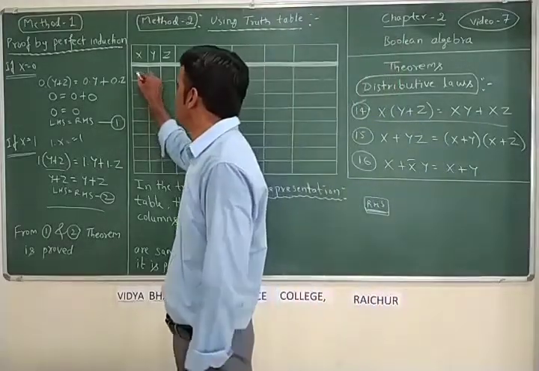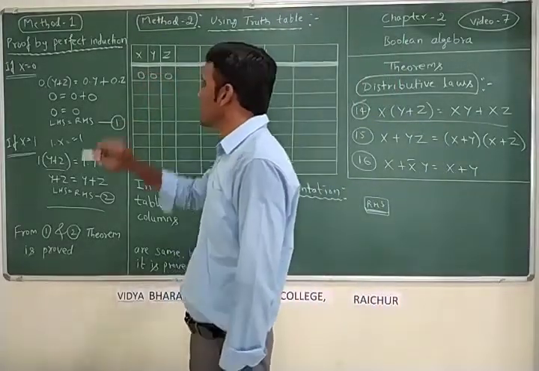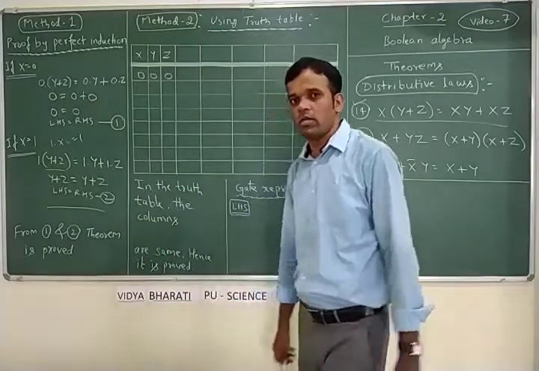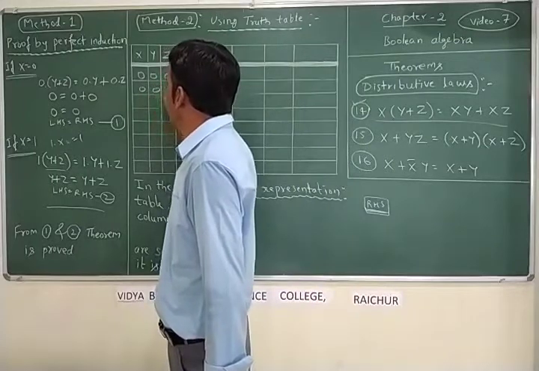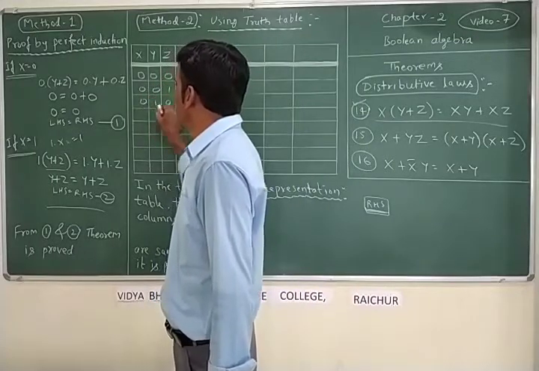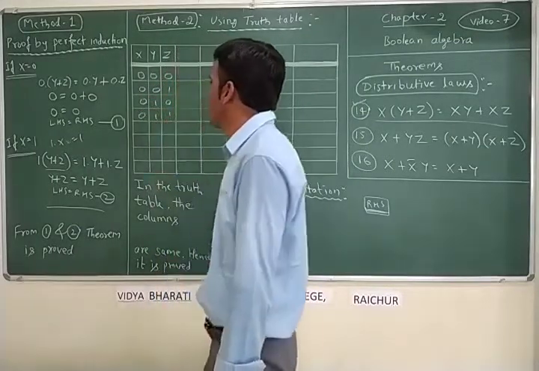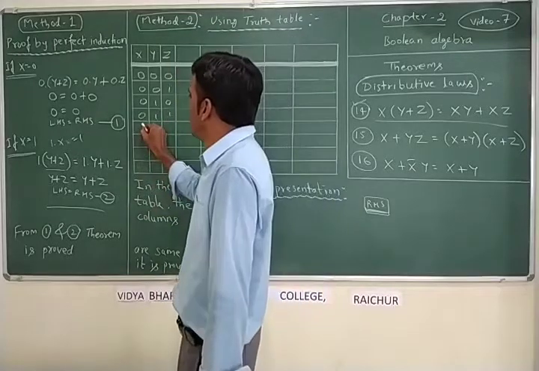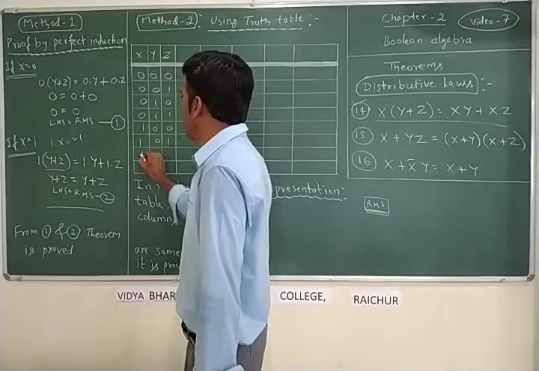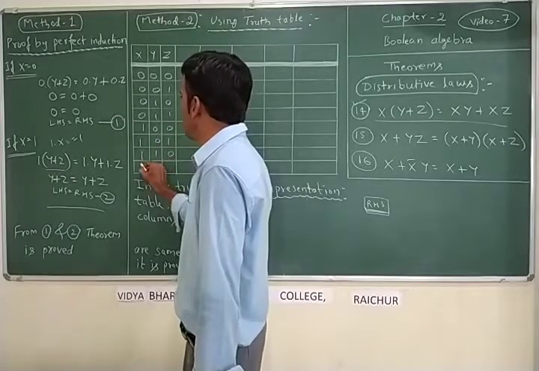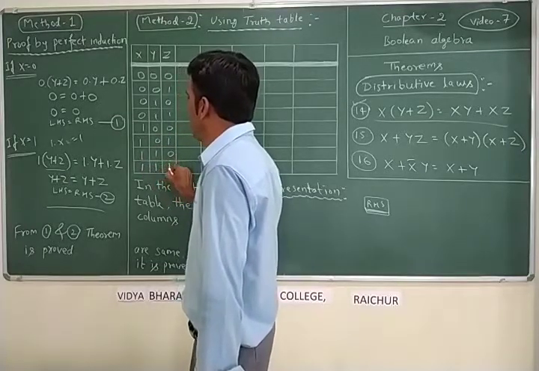The binary equivalent of decimal 0. Then it is going to be 001, 010, 011. Next 100, 101, 110, and 111.